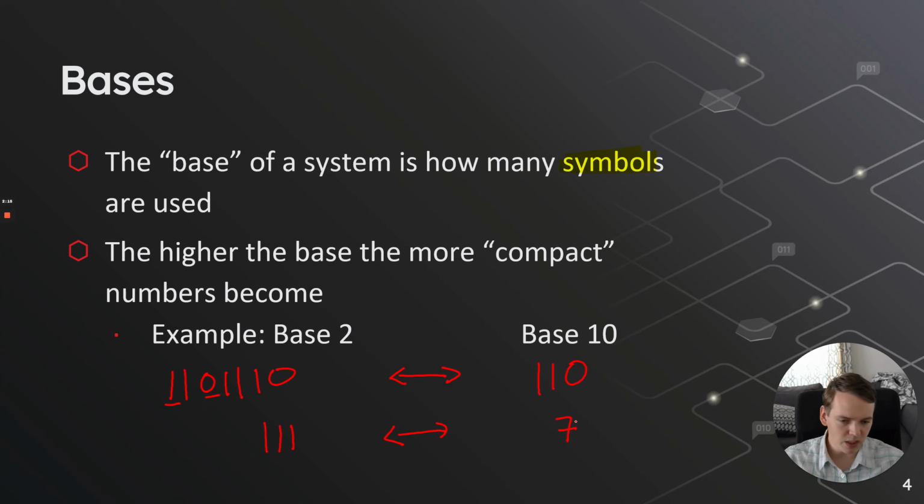In base 10, we can use what you're used to, 0, 1, 2, 3, 4, 5, 6, 7, 8, 9. And that's why we can write the same number with fewer digits. So that's all you really need to care about right this second for bases, is that the larger the base, the more symbols it uses, and so therefore the fewer digits it can use to represent a number.